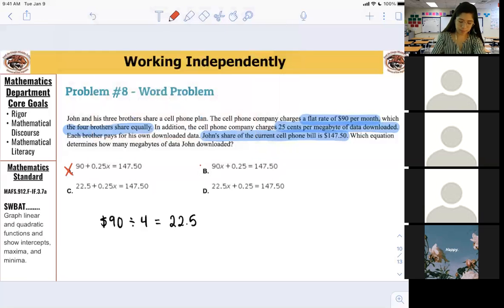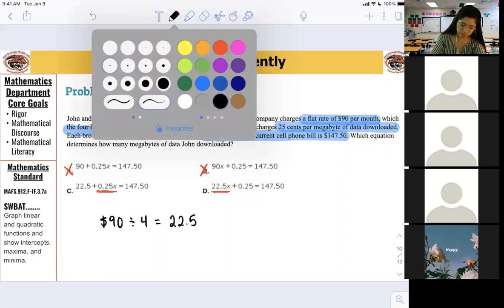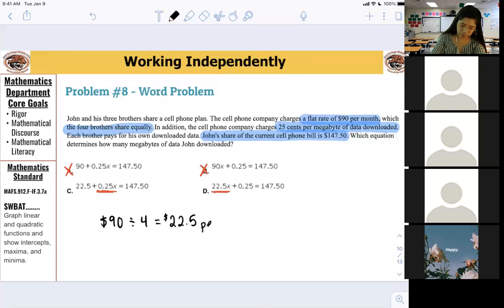Good. All right. Now really the only thing we're trying to see is where does the X go? Does the X go with the megabytes? Is it 25 cents per megabyte that's the slope, or is it the $22.5 per month that's the slope? 0.25 or 22.5x.